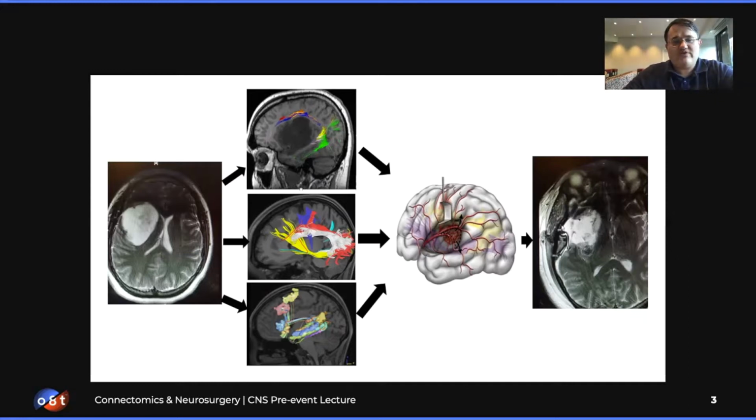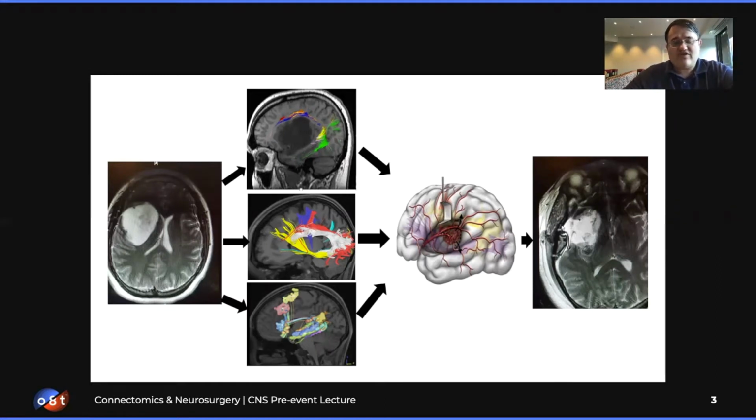So when we start thinking about bringing connectivity into the picture, what we're really thinking about is how do we figure out what's important and what are our goals of the surgery? This is especially apt given that in a glioma, we do not see the majority of the relevant anatomy, the fibers and functional areas around the brain.